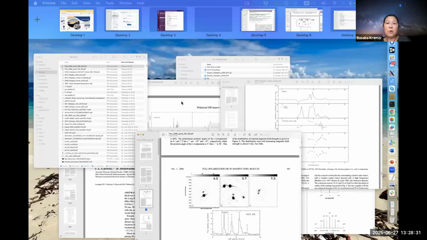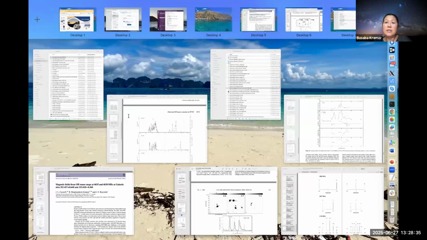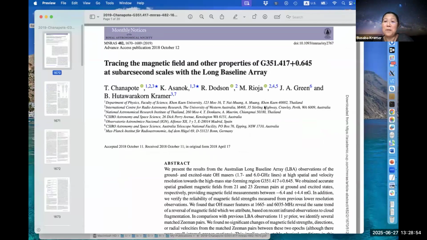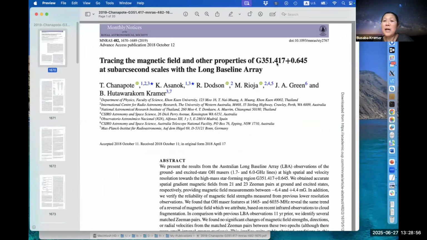I just want to point out this paper on the same source, NGC 6334. We do have some VLBI maps that show very complex structure. If you remember, you were in Gordon's talk yesterday: the masers are not simple, they are everywhere. Sometimes it would be ideal if we could find a cloud that has all the transitions.